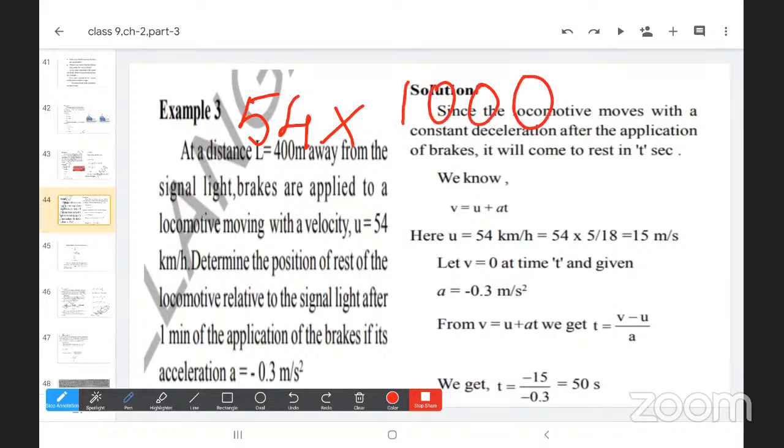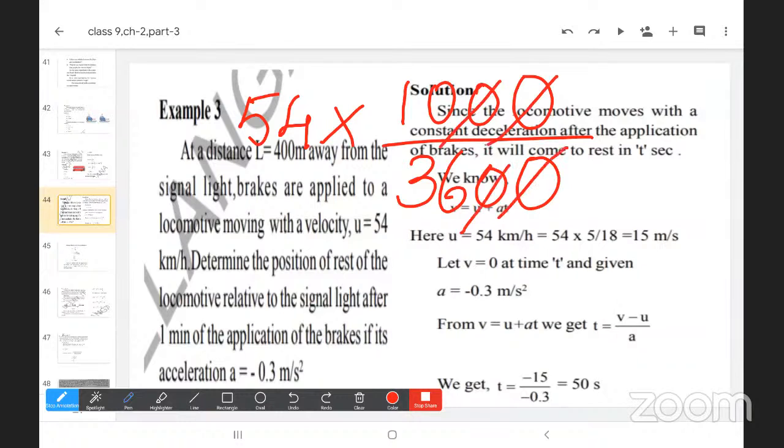So when we divide 1000 by 3600, we get 5 by 18. Here 2 zeros get cancelled, right? Here 2 fives are 10 and 2 eighteens are 36. So here we got 5 by 18.